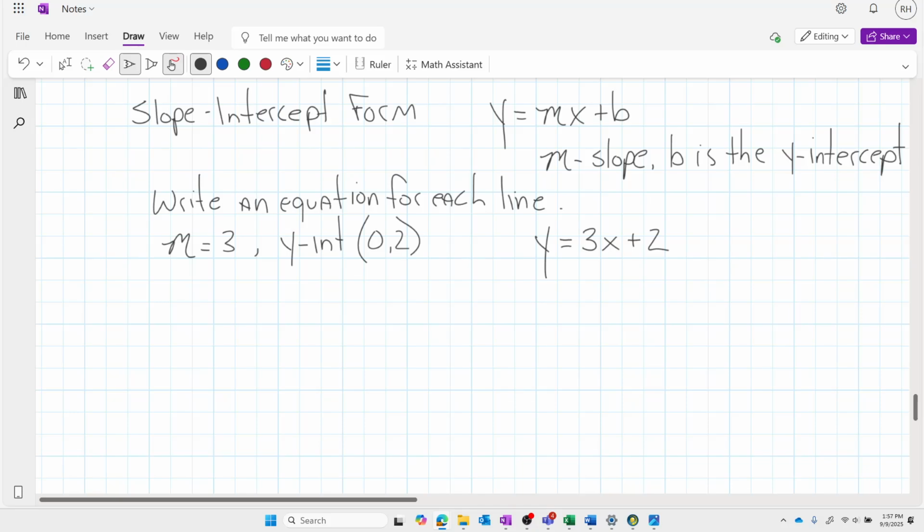And if you have to write an equation for a line that has a slope of 1/5 and a y-intercept of 0, -4, then that would be y equals 1/5 x, and our y-intercept is at -4, so -4.